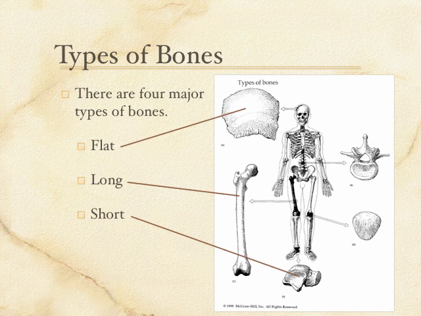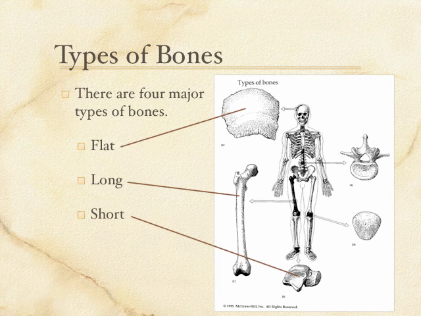If we have long bones, then guess what? We have short bones. Short bones have just sort of a regular, blocky shape to them. We're looking for bones that don't have any real oddities about them. They just have a standard sort of compact shape.